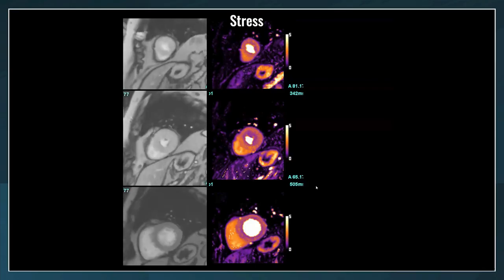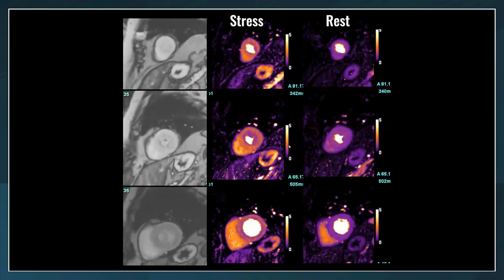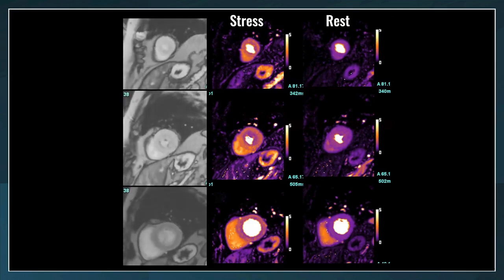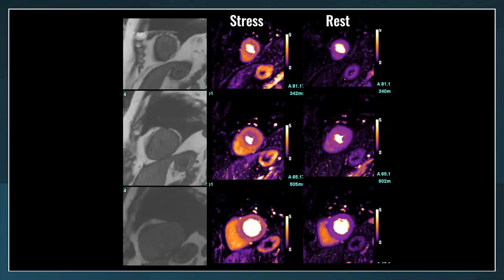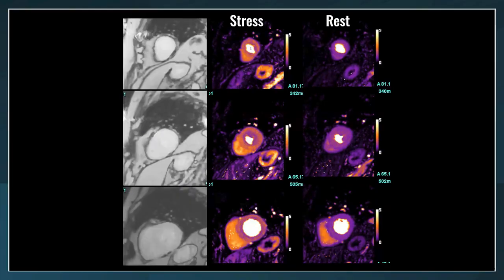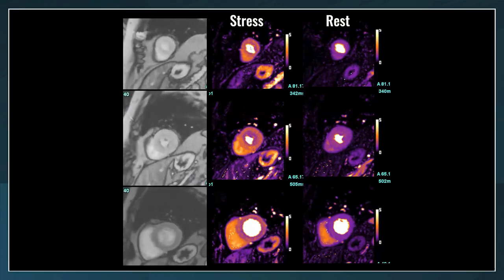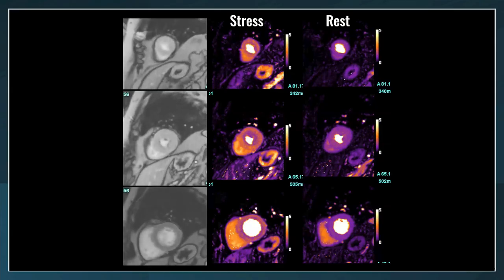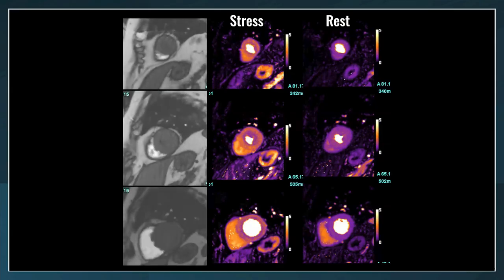As shown here, there is a perfusion defect, which is quite a bit easier to see on the map, demonstrating a concentric subendocardial perfusion defect that exists at the base, but also mid, but also involving the apical subendocardial segments, and is not matching the distribution of a typical epicardial coronary pattern because it's so diffuse and concentric.